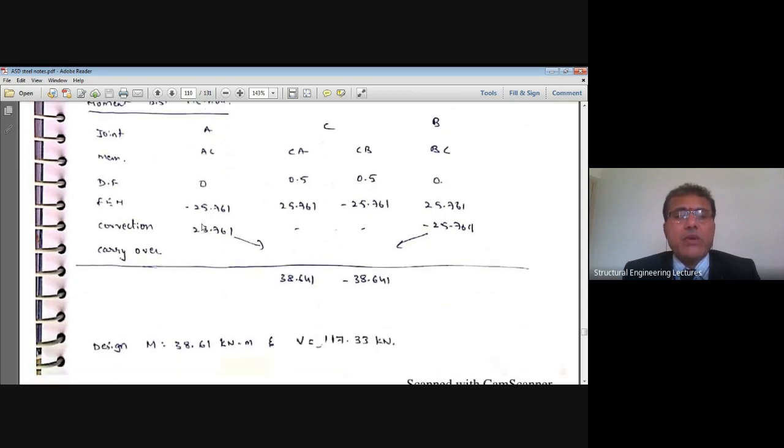Once I do that correction, it will be carried over, because of the distribution factor, to the immediately adjoining joint. 25.761 multiplied by 0.5 works out to approximately 12.381. Similarly, minus 12.381.